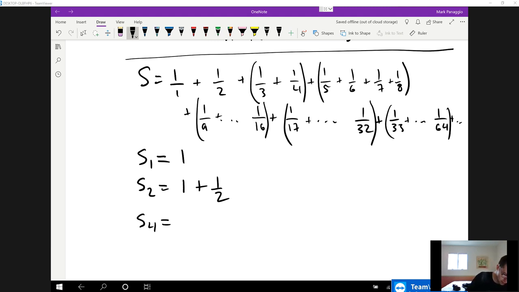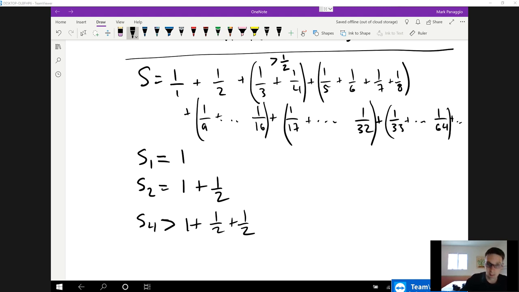And so these 2 terms, we could say together, that's going to be greater than if we just added the smaller one twice. So that's greater than 1/4 plus 1/4, which is a half. Agreed? So S4, we don't know exactly what it is, but it's greater than 1 plus a half plus a half. Agreed?